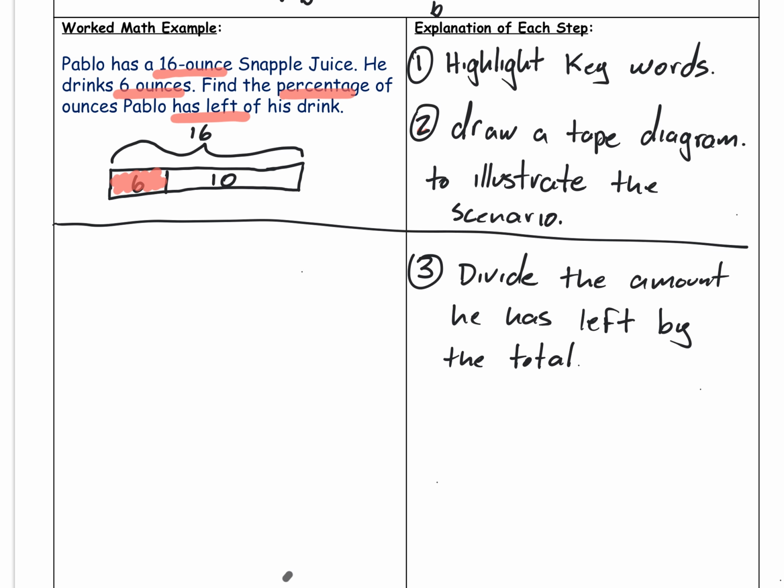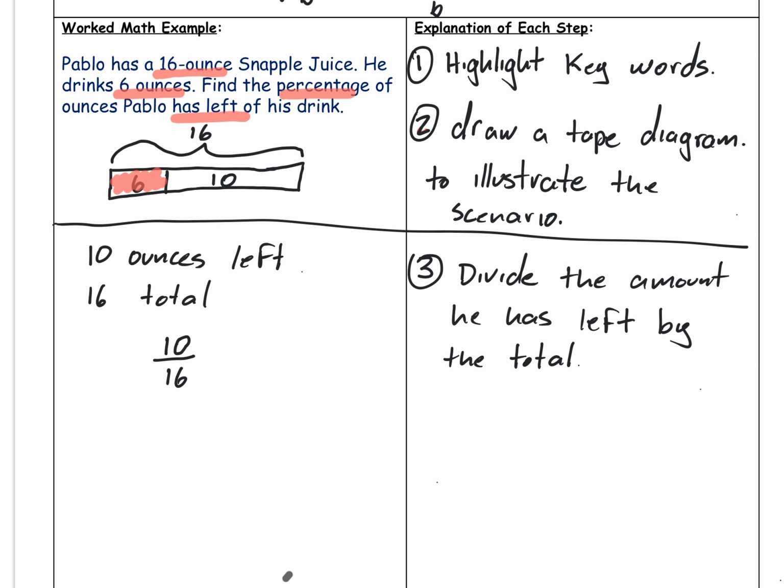So we agree that he has 10 ounces left, and it was 16 total. Now, 10 divided by 16.